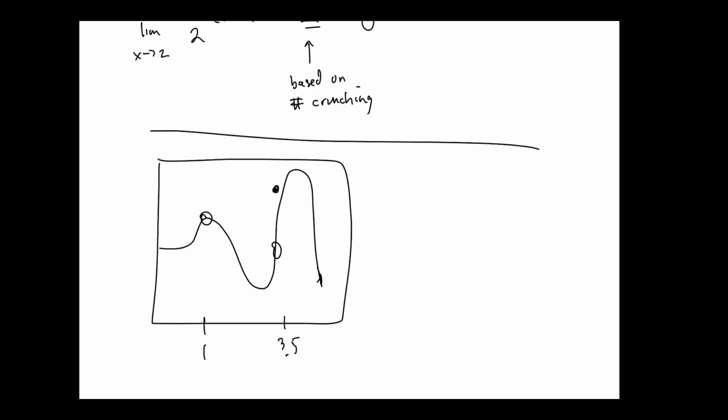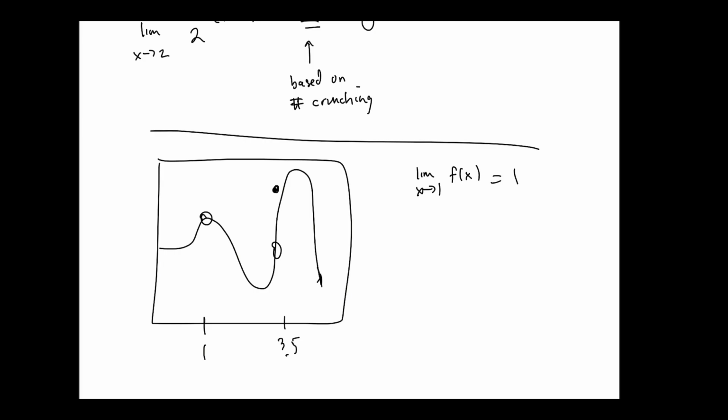What we want to ask ourselves is what, if anything, is this limit? Looking at the graph, what are the y values approaching as we get close to x equals 1? Y equals 1? Does it seem reasonable? Okay, so we would say that this limit is 1.